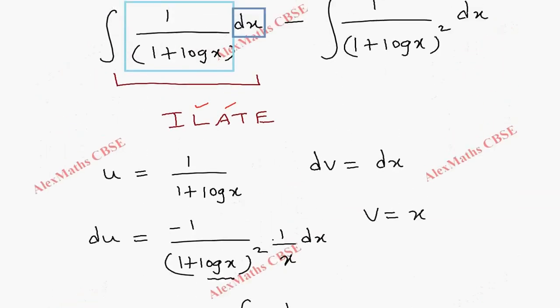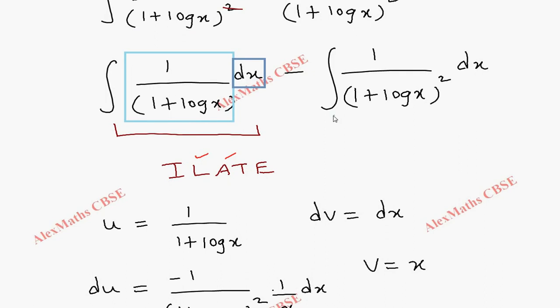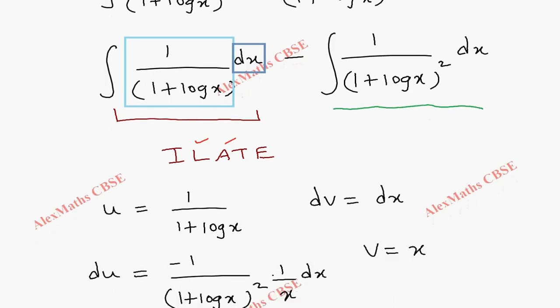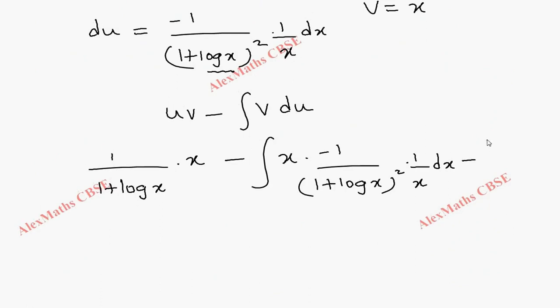So we have done the first part, and the second part is written as it is, that is minus the integral of 1 by (1 plus log x) whole square dx. Now we can cancel this x, and we can combine these two minus signs and make it a plus.